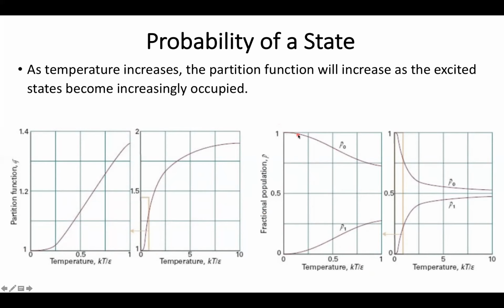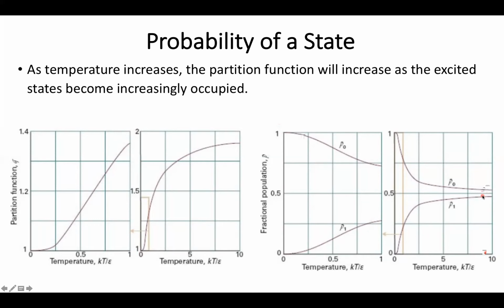As the temperature goes up, it slowly starts decreasing, and we see an equivalent occupation of that first excited state. And this continues until you get to temperatures about 10-fold greater than our energy gap, where we have roughly equal occupation of the two states.